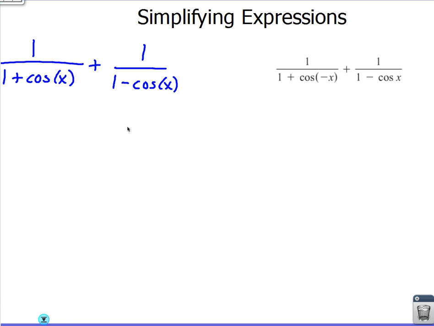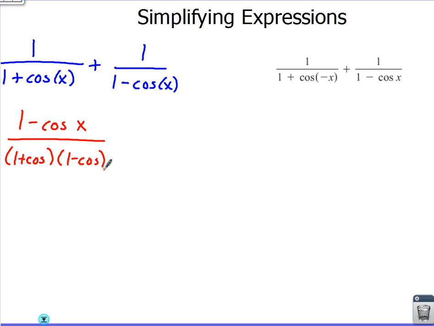It'd be real nice. I'm going to multiply top and bottom, like here, by 1 minus cosine x. Over here, I'm going to multiply top and bottom by 1 plus cosine of x. And something pretty cool happens. So now I have 1 minus cosine x over 1 plus cosine x times 1 minus cosine x.